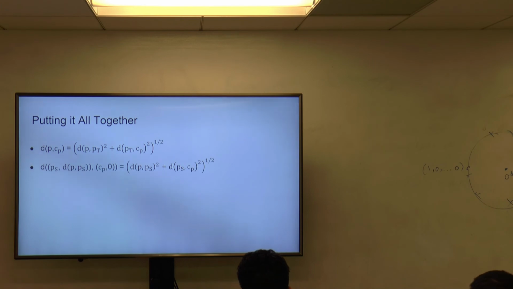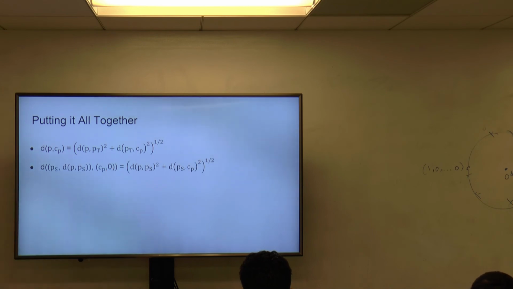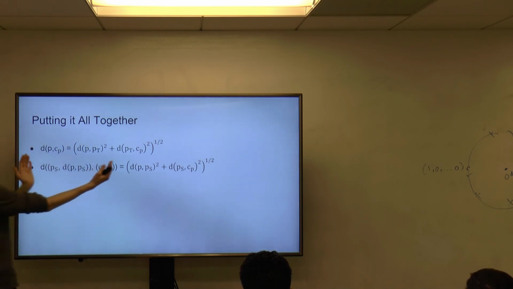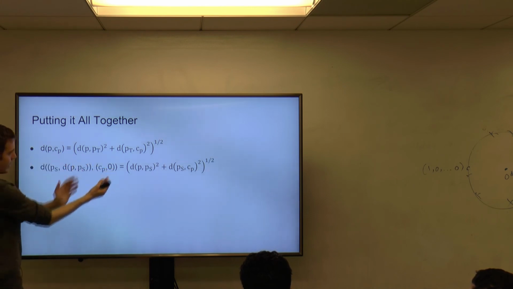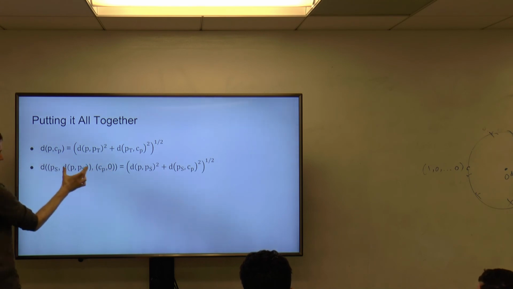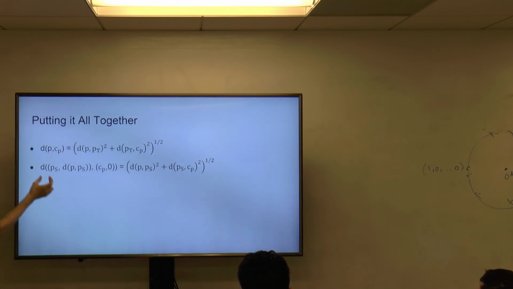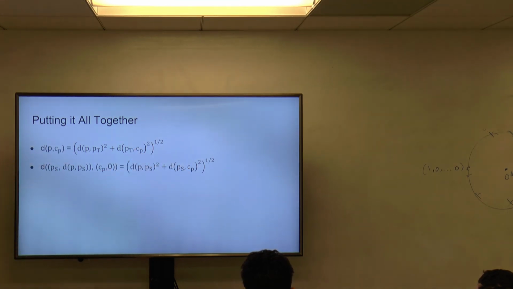Now how do I handle a query? If I have some center C, I adjoin 0 in the extra special dimension. So if I just write out this distance, it's the square root of the sum of squares: the distance from P to 0, that's just the number squared, plus the distance from PS to CP squared, all under the square root. Now we're in pretty good shape, right?